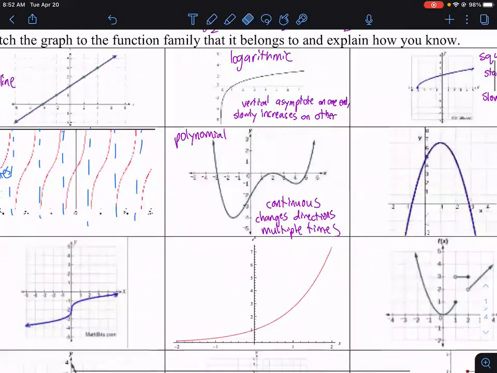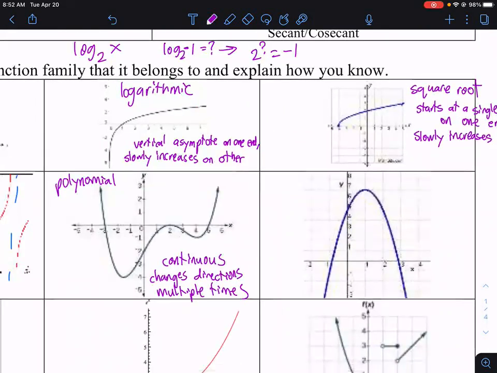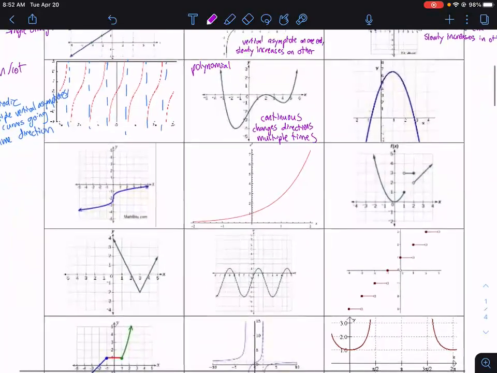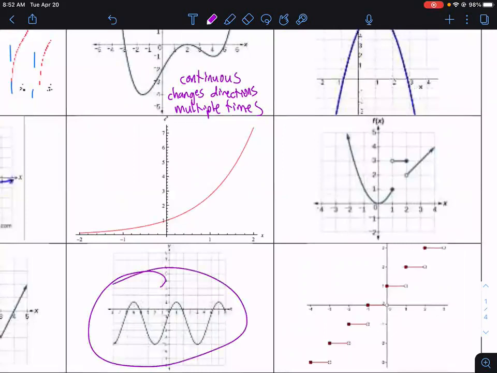Again, we want to check, can this describe any other graph? This one next to it is continuous, but it only changes directions once. This one's continuous, but it doesn't change direction at all. Same with this one. I guess this one actually does fit the same description.